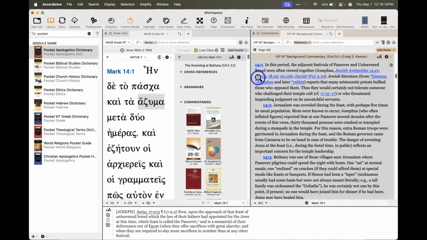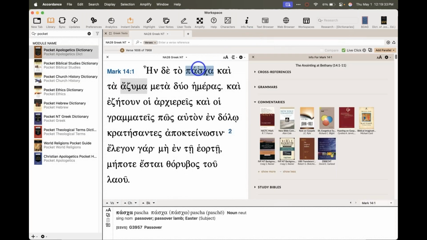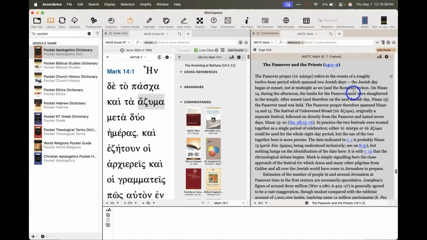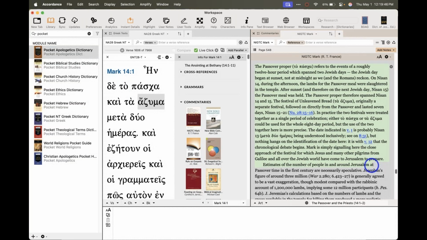And if you want some documentation, he quotes Josephus here. There's more on that, talking about exactly what would be happening in Jerusalem at that time. But you could search either of these words in your New Testament as well. But your commentary of choice, and France is no exception, is going to have more details on this and how these two words are used together and what exactly is going on, what's the timing of this.